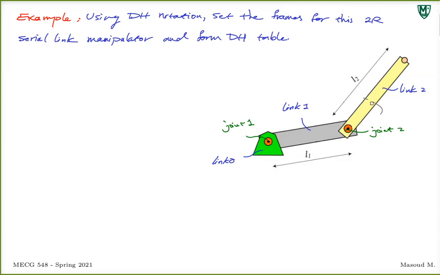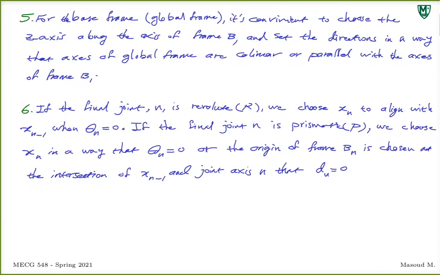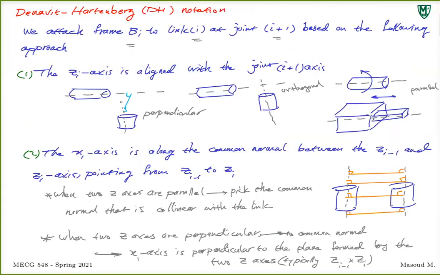So that's where the frames should be. First revolute joint here, second revolute joint here. Let me put R here. And we have the links. That's where we put them, right? Now, let's look at the directions, what we are given. It says the Zi axis is aligned with the joint i plus 1 axis.